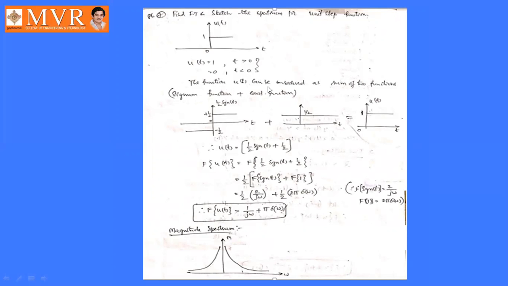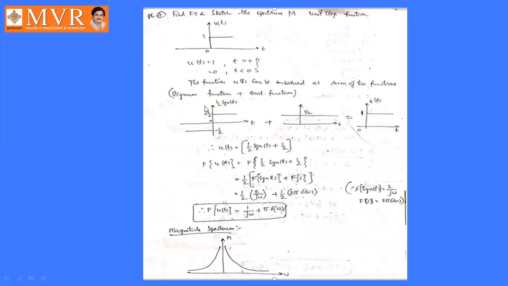The function u of t can be considered as the sum of two functions, the signum function and a constant function. By adding these two functions, we can get the unit step function. So this is the signum function, and this is a constant function having the amplitude 1 by 2. Okay, so it is the half signum function. From minus infinity to 0, its value is minus half.